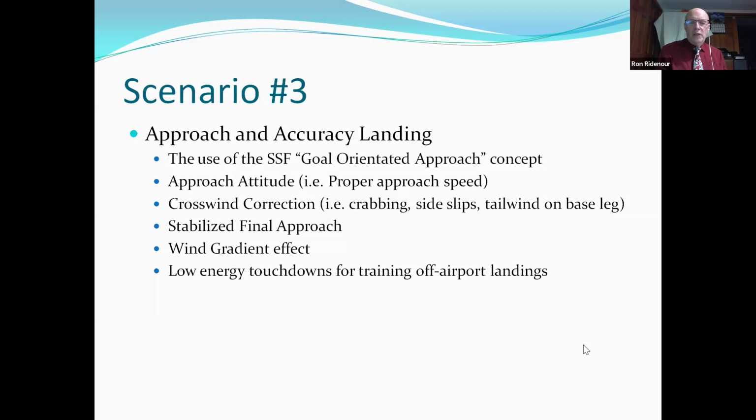But in reality, when you come into a lessening headwind, you actually go short. The reason is you have to make up for that loss of headwind energy by pitching the nose down farther and steepening the approach.